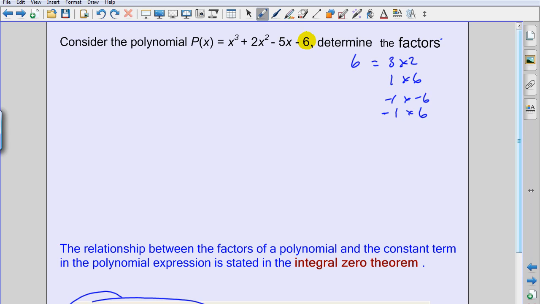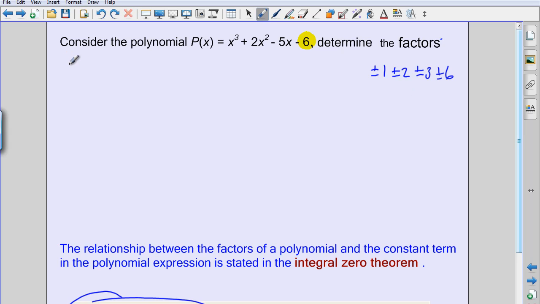So one way of determining where to start is to look at the factors of 6. What we want to do is write out all the possible integers that we can try. That's the reason they call it the integer zero theorem. There's no decimal numbers here, we're just trying integers.